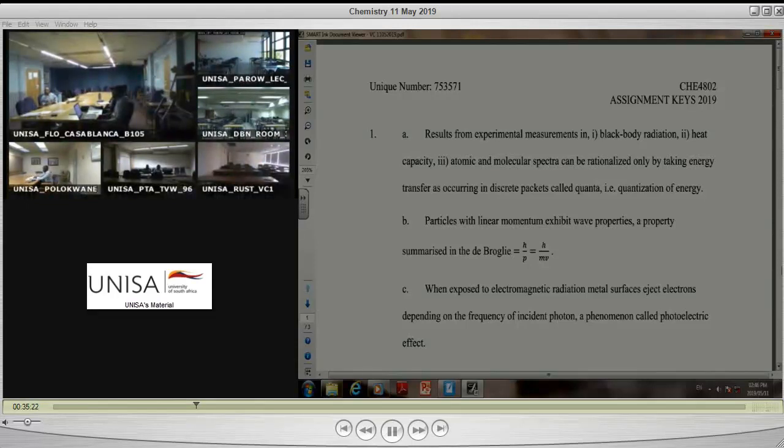The one above it, therefore, is empty, and everything above is empty. So, the one above this occupied one is called the lowest unoccupied molecular orbital, LUMO. The lowest unoccupied molecular orbital has got higher energy than the highest occupied molecular orbital.